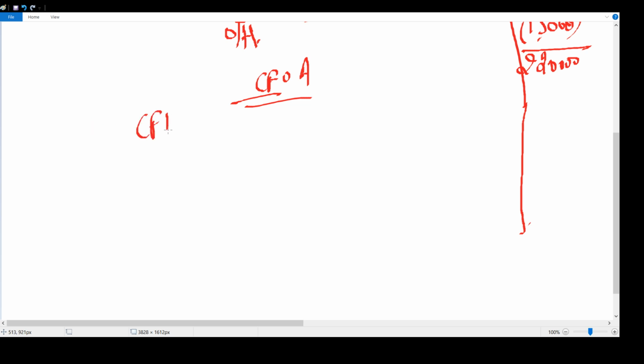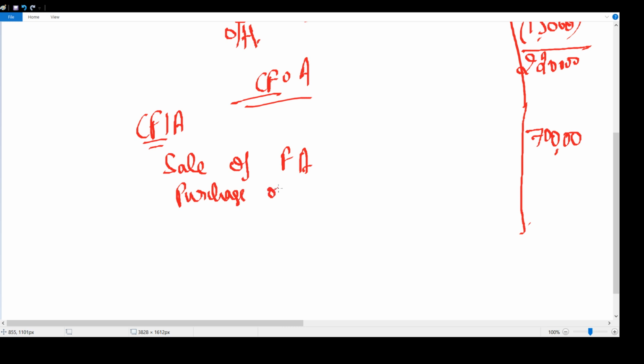Cash from investing activities: sale of fixed assets is an inflow of cash, 70,000, so it will be added. Purchase of fixed assets is an outflow of cash, 4 lakh.